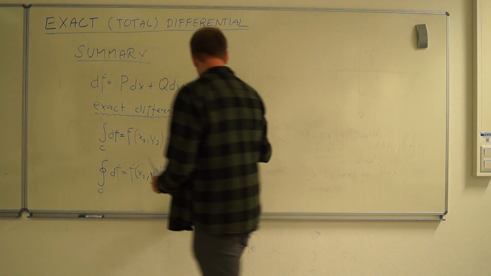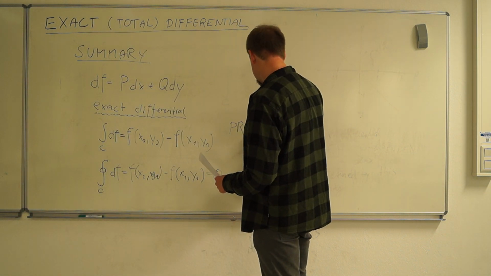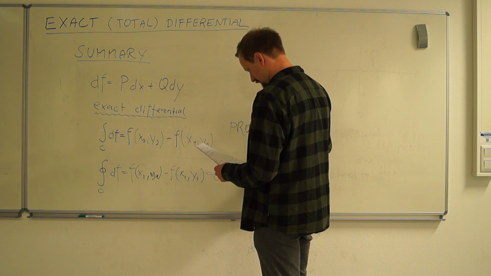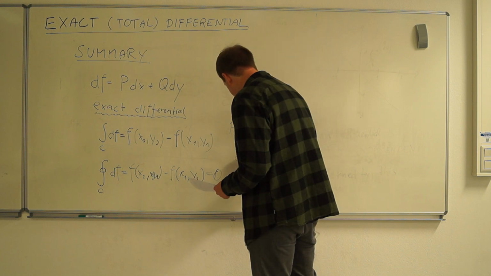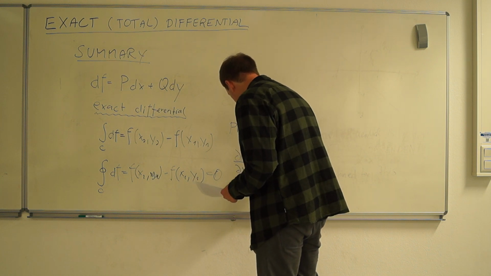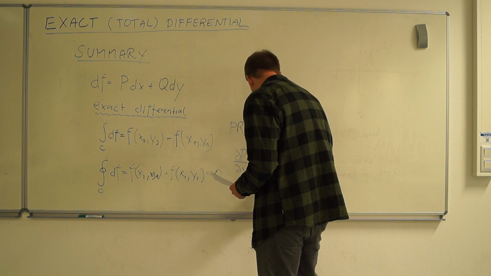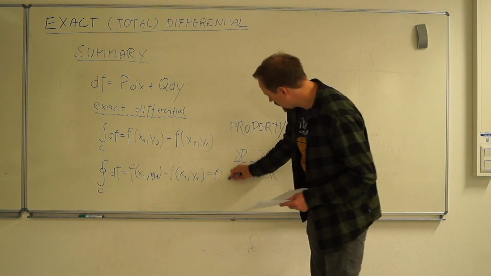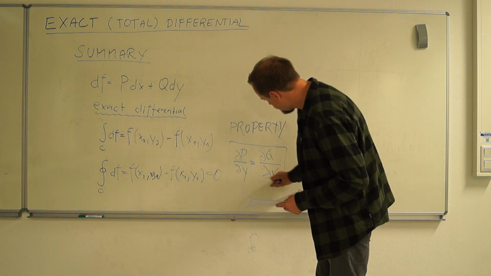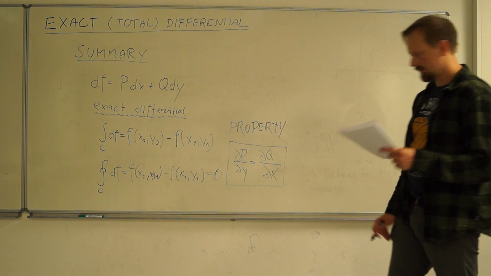But a property to check for a total differential is that dp over dy equals dq over dx. So if this applies, then one deals with the total differential.